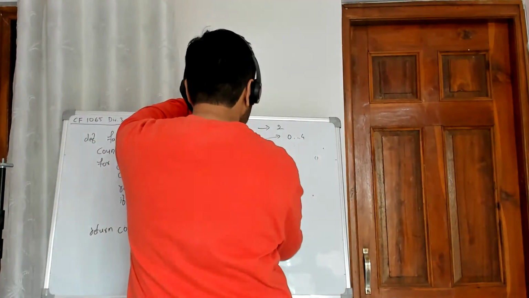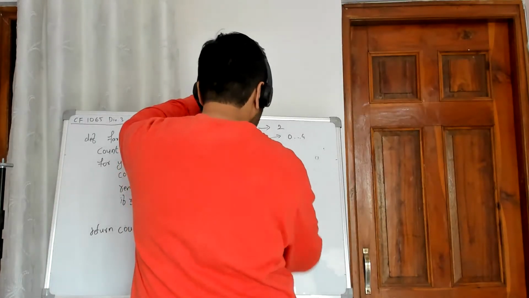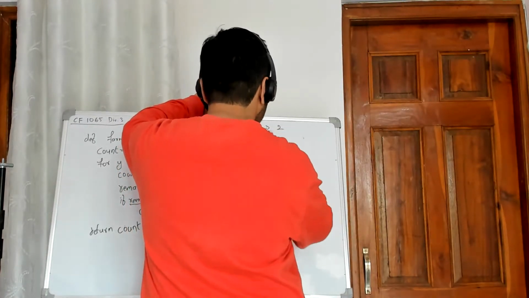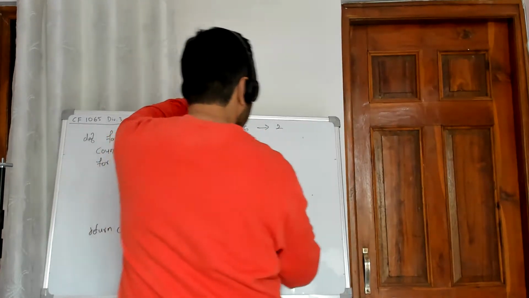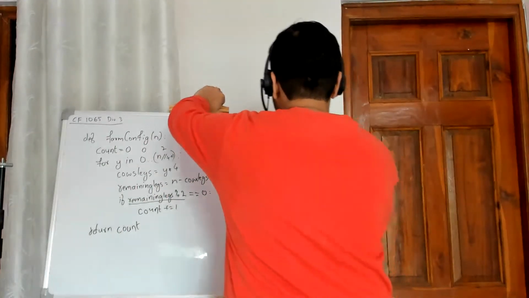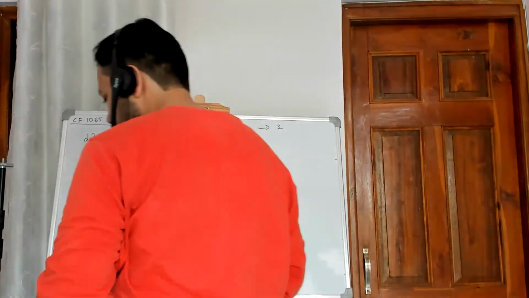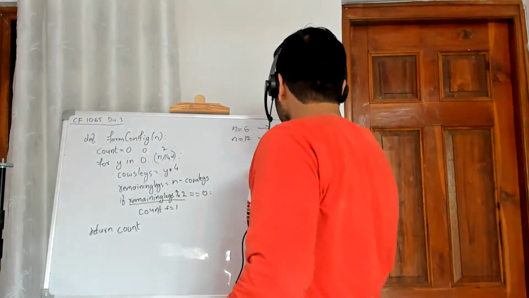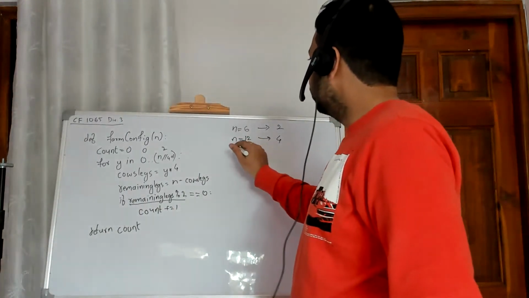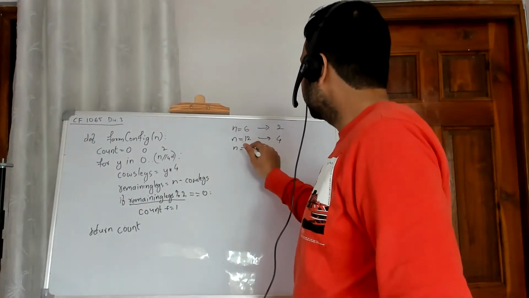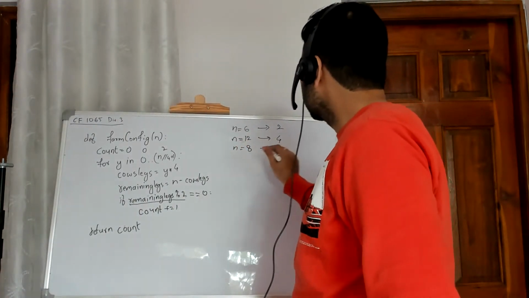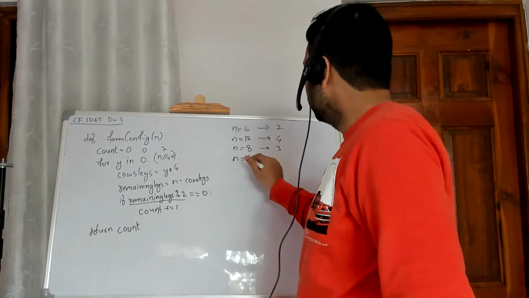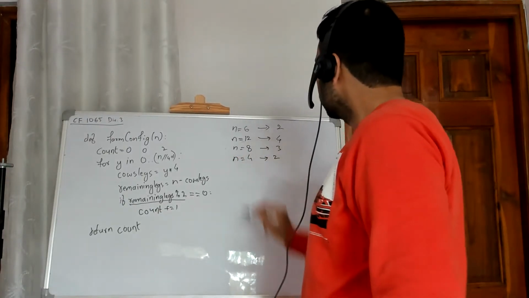At this point, you should be able to see the pattern. For n is equal to 12, there are four combinations. For n is equal to 8, we have seen that there were three combinations. For n is equal to 4, there are two combinations.